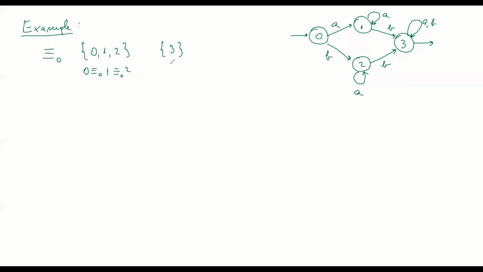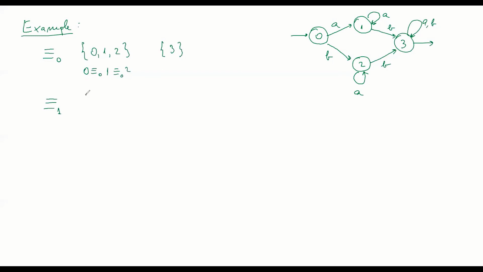And then what we have is, when I go to this one, all of a sudden I see that I can distinguish between state 0 on one hand and states 1 and 2 on the other hand.